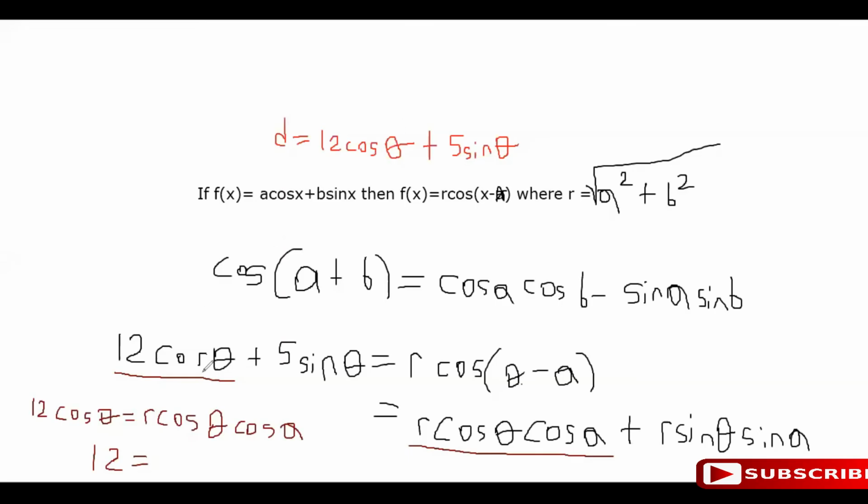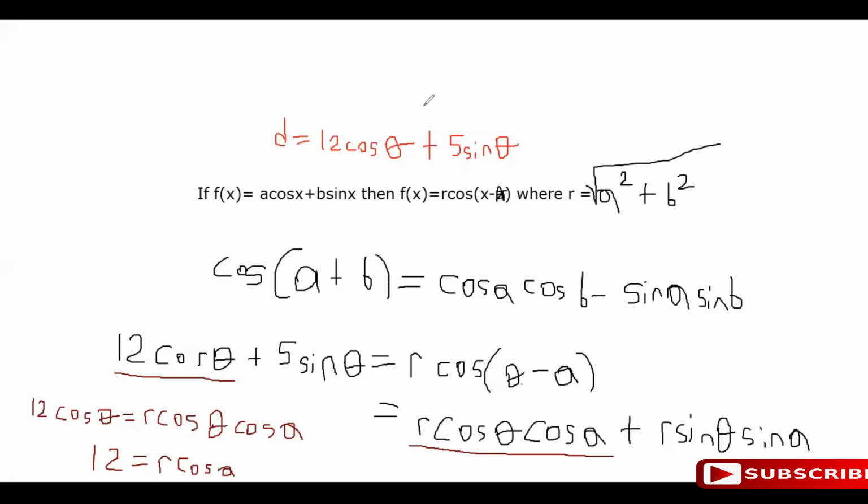So right here, as we were saying, 12 cos theta is r cosine theta times the cosine of A. If we cancel cosine theta on both sides, we see that 12 is equal to r cos A. That's from that side.